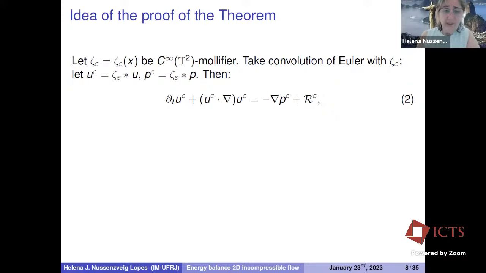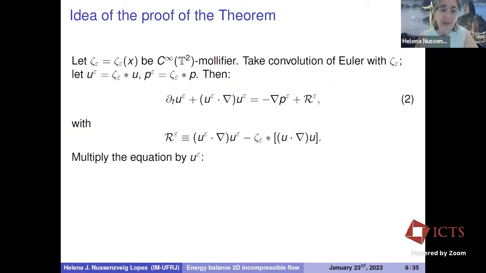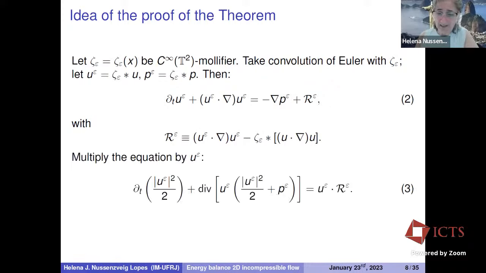The smoothed out velocity and pressure satisfy this new equation with all of the error term dumped into R epsilon, the Reynolds stress, which is the commutator between smoothing out the velocity and smoothing out the nonlinear term. If I multiply this equation by U epsilon, I get my local energy balance law, except with the error term, U epsilon dot R epsilon.